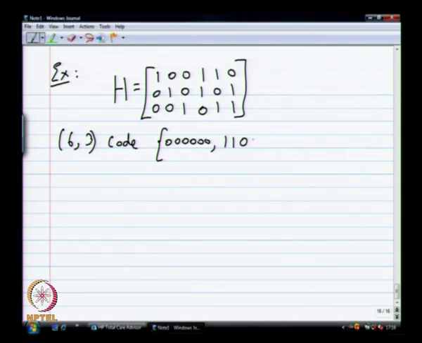It is a bit of an effort to even write down the code words, but I will do it, so it will not take too much time. Hopefully, I am right. If I am making any mistake, let me know.